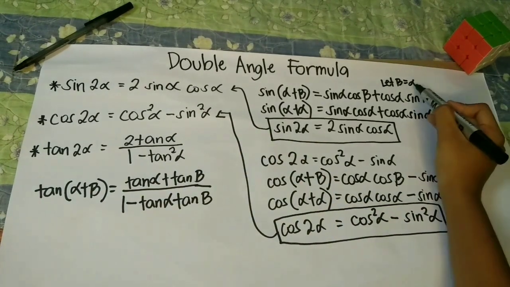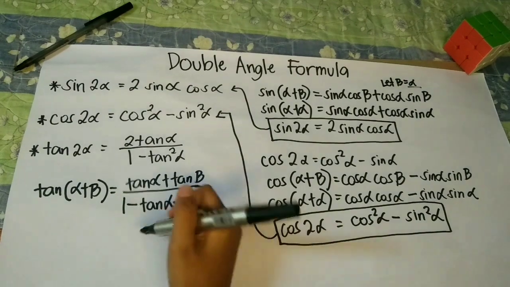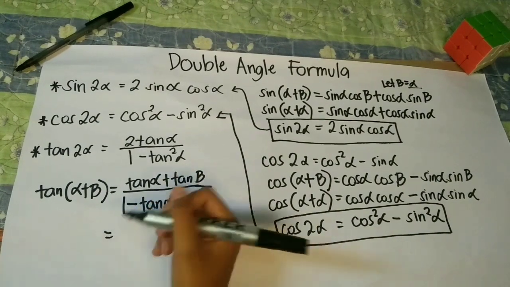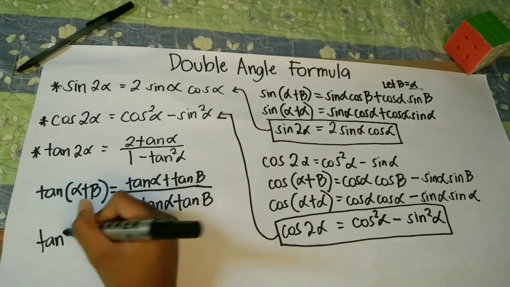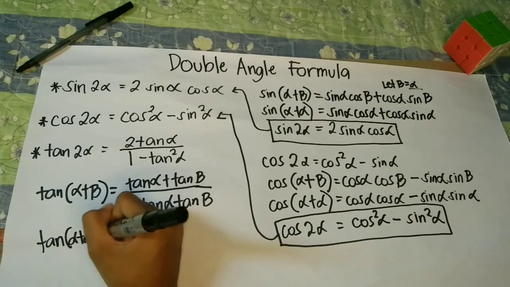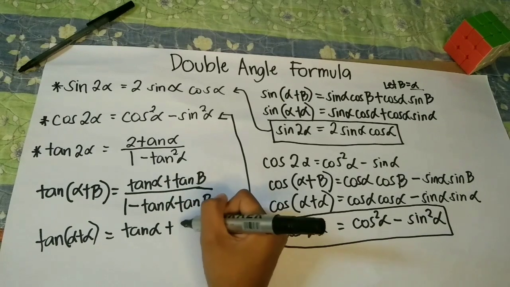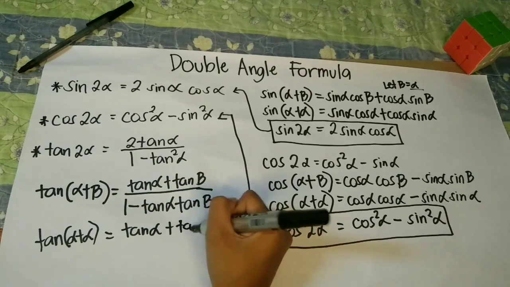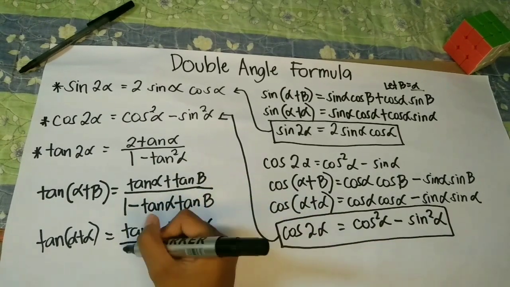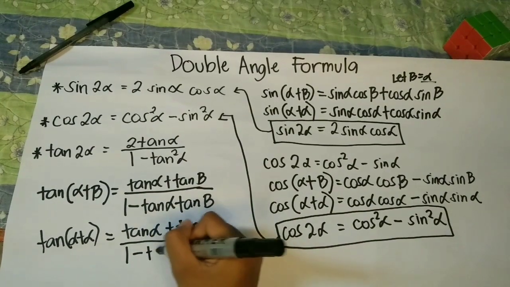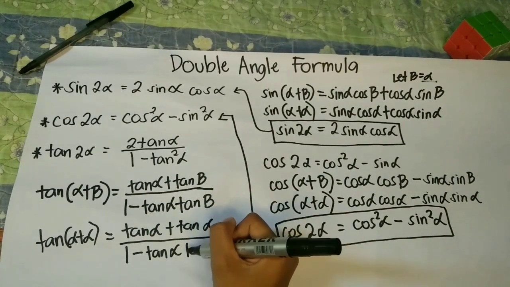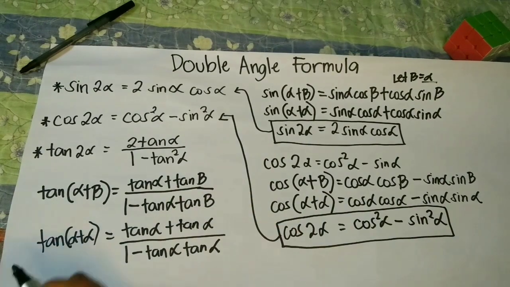Again, let beta is equal to alpha. So it will be tangent alpha plus alpha is equal to tangent alpha plus tangent alpha all over 1 minus tangent alpha tangent alpha.